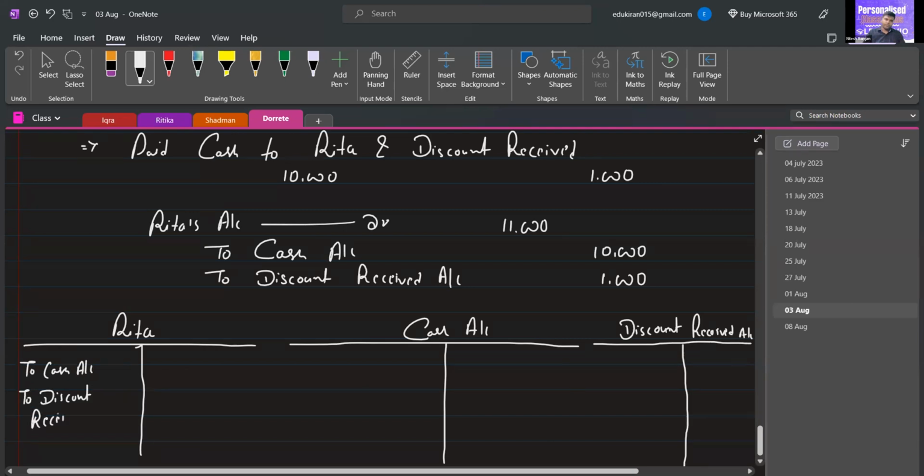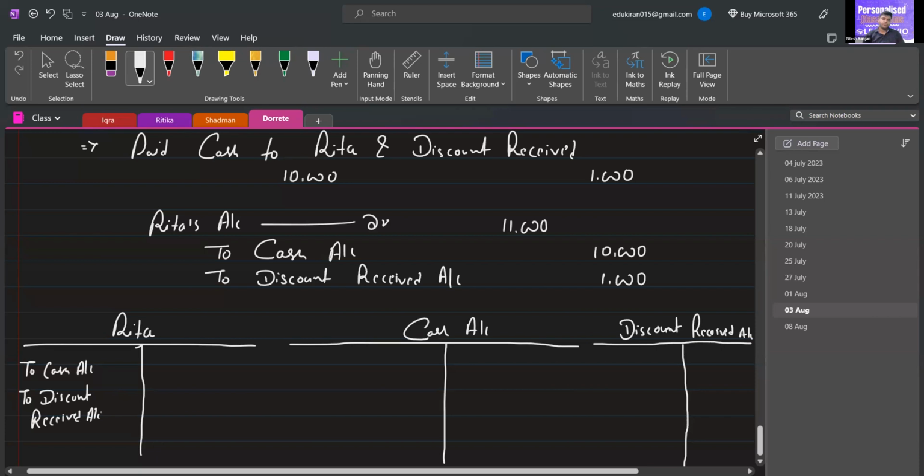Why are we writing both accounts? Because there are 2 accounts on the opposite side. So we have to write all the accounts which are written on the opposite side of the ledger. We are opening Rita's account, so cash and discount received are on the opposite side of our account.